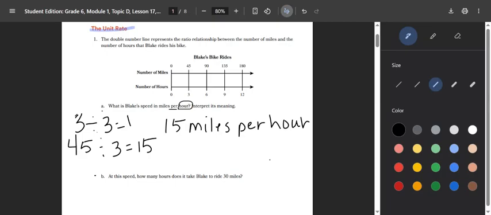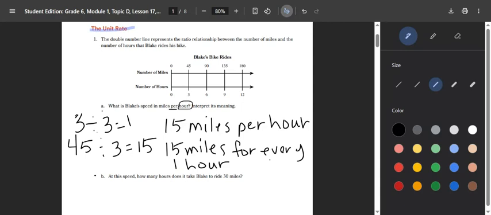And remember, per means for every one. So Blake travels 15 miles for every 1 hour. So basically what we did here was divide the first quantity by the second quantity to make the denominator 1.